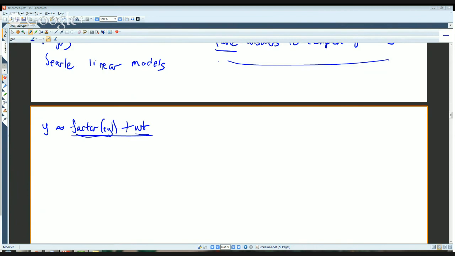Okay. And then let me actually fit the model that you're saying. So fit equals LM MPG asterisk. I see what the point is.